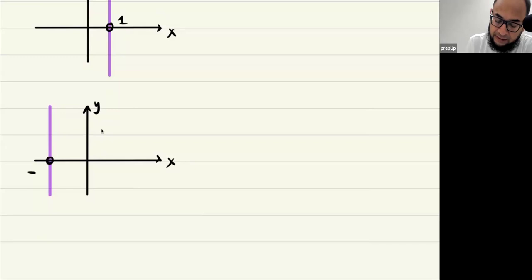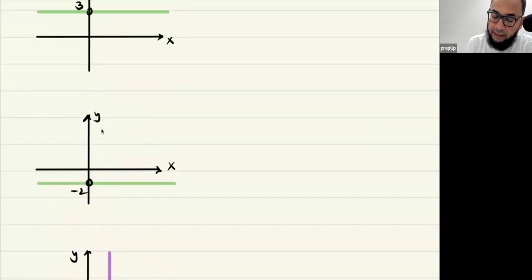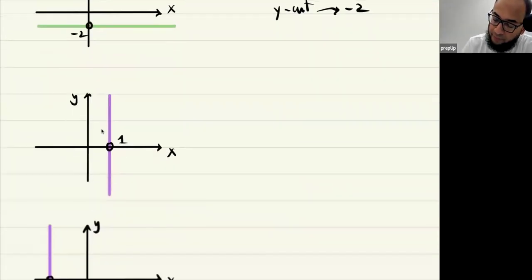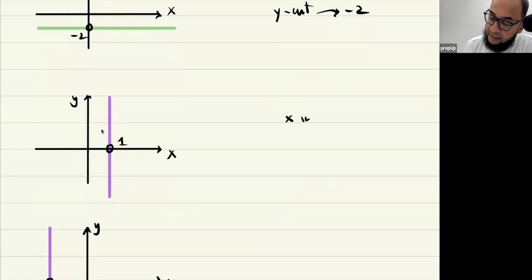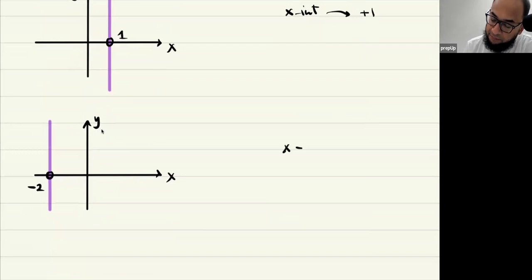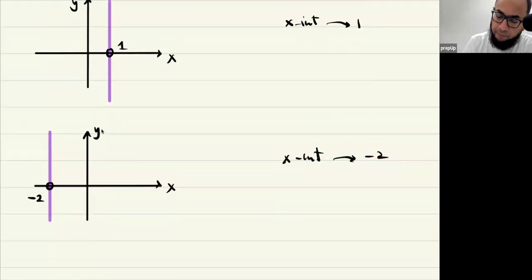And this x-intercept is negative 2. So now, y-intercept, that is 3. And this is y-intercept, that is negative 2. This is x-intercept, that is positive 1. This x-intercept, that is negative 2. So I can just remove the positive sign. I can simply write 1.